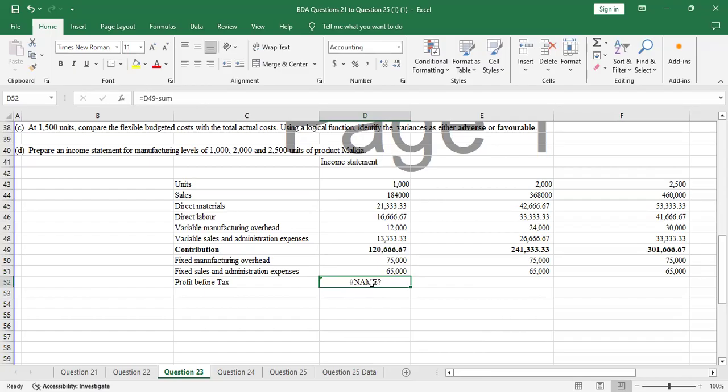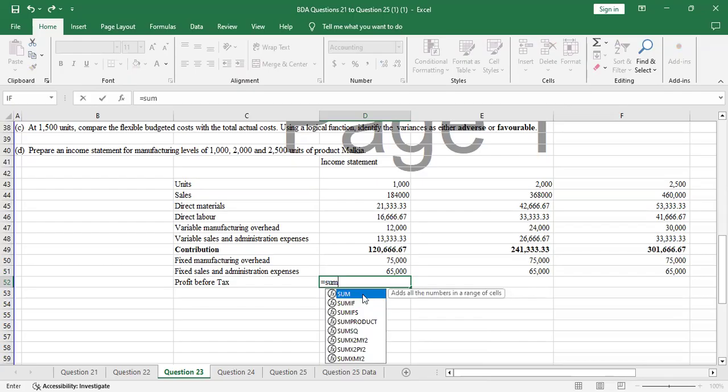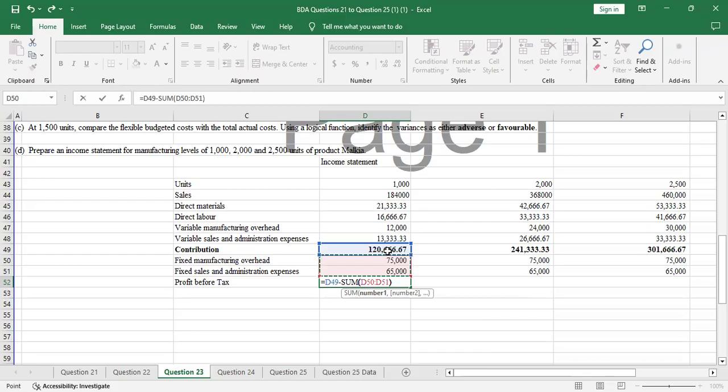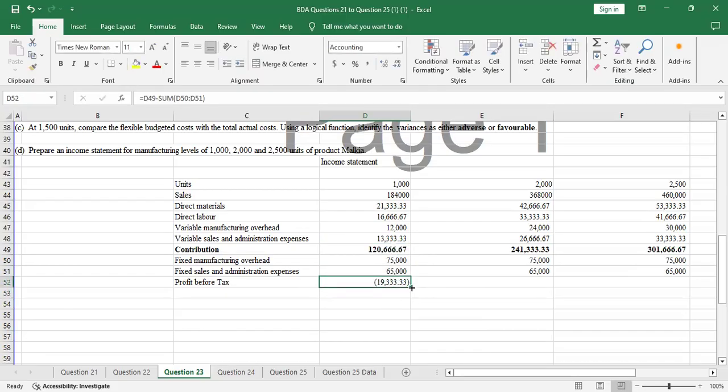We'll have this minus the sum of those two. So we'll have a loss of 1933. Then you just drag. Here we'll have a loss at 19,000 units, but here we'll have profit. So you can say profit before tax.